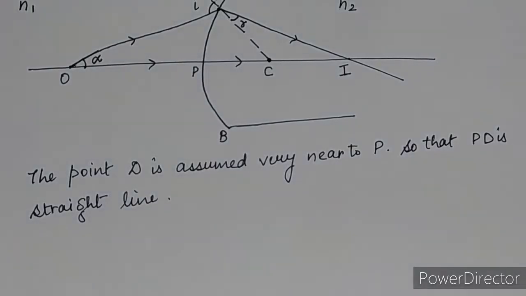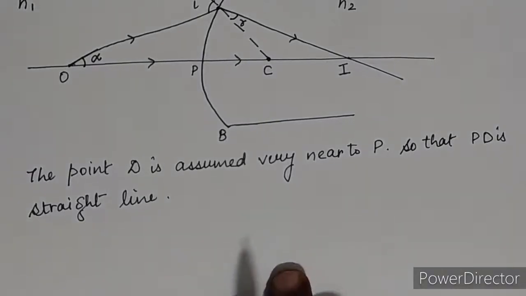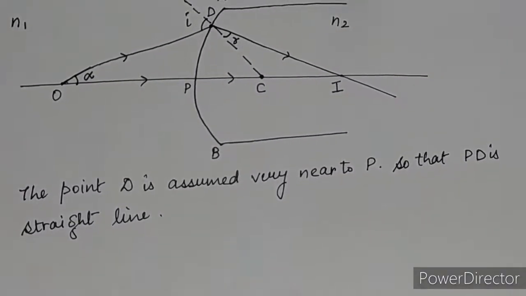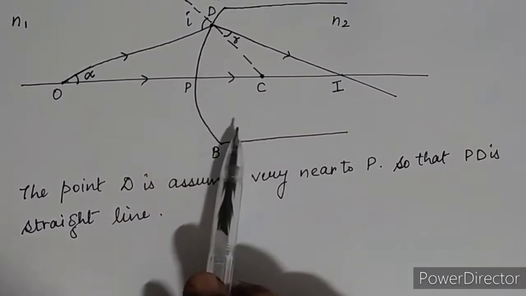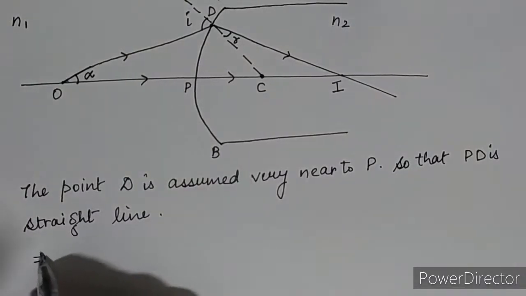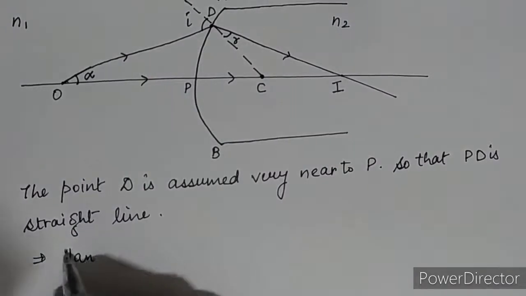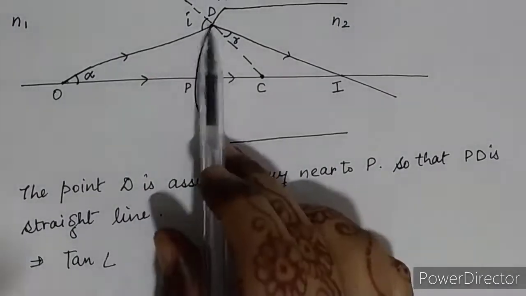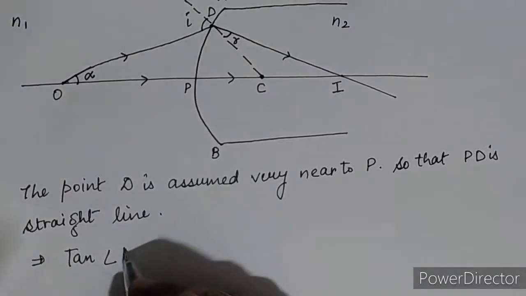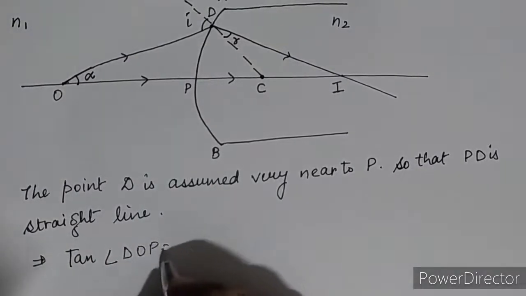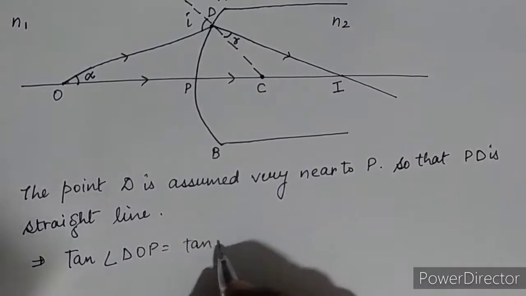Clear? Now if it is a straight line, from this diagram, angle DOP means alpha, so it is tan alpha.